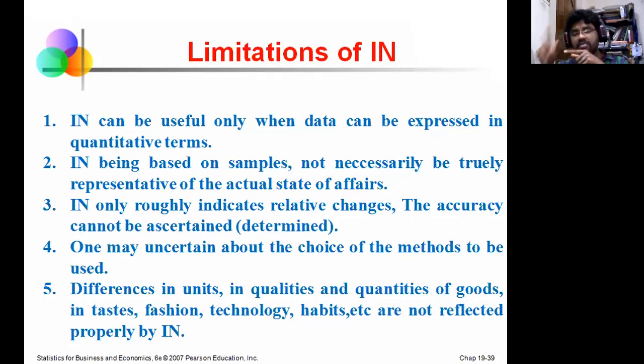See, the cost of living is very high for these people. The consumption is the same, but on the basis of quality, they are spending a lot of money. If you take taste, fashion, technology, habits, these are quality things which are not reflected properly by the index number.